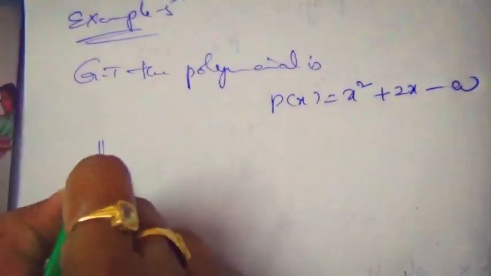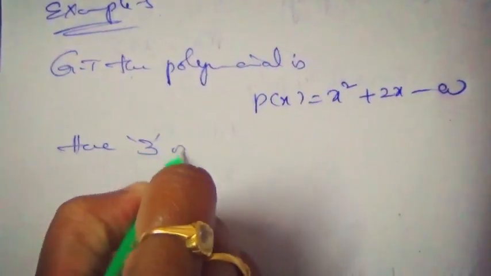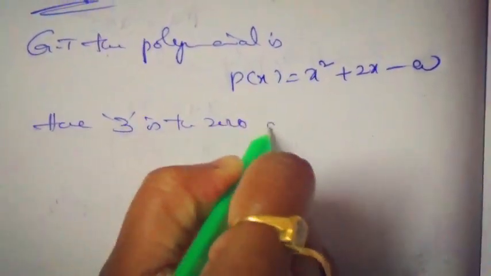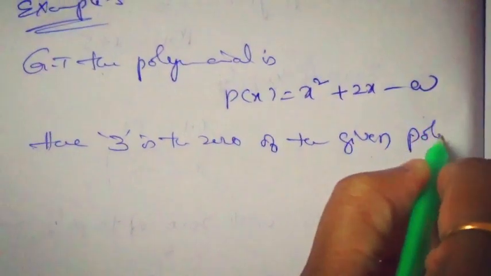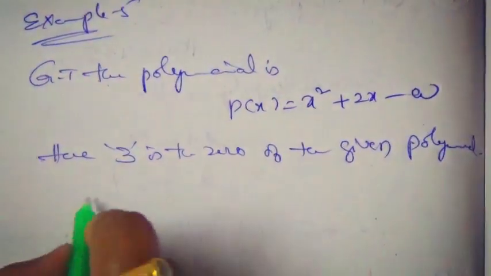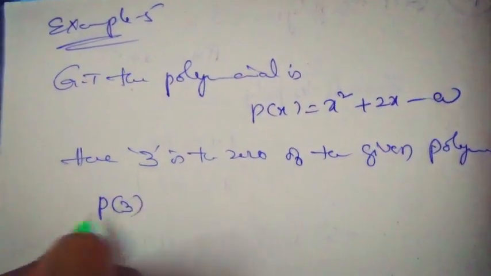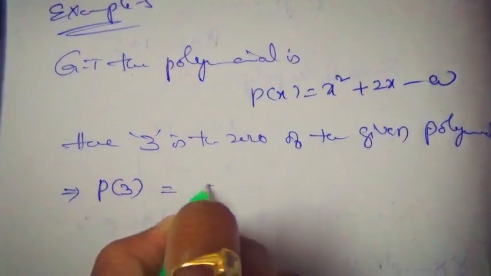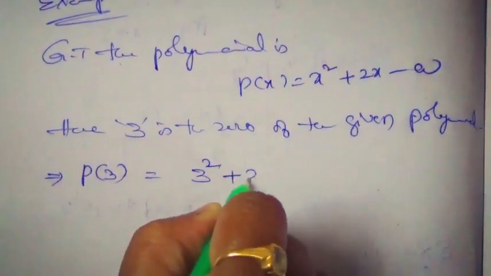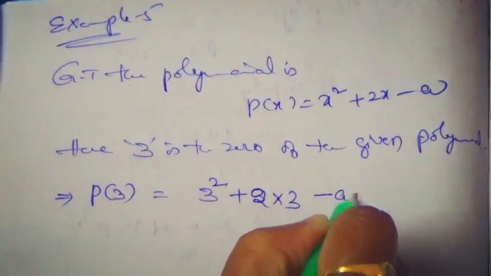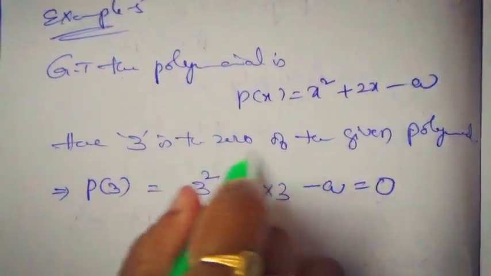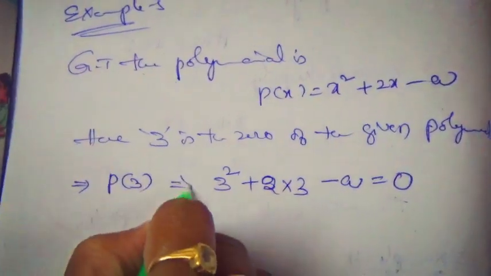Here 3 is the zero of the given polynomial. Then p of 3 is equal to 3 square plus 2 into 3 minus a is equal to 0. Since 3 is a zero of the given polynomial, that's why I am equating this to 0.